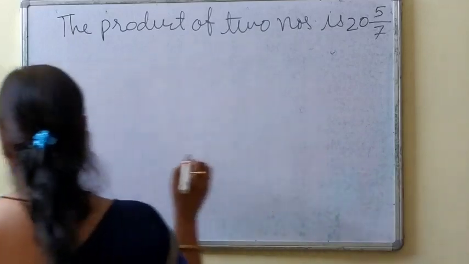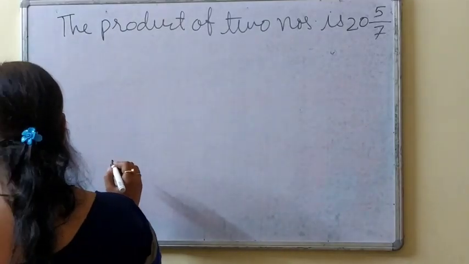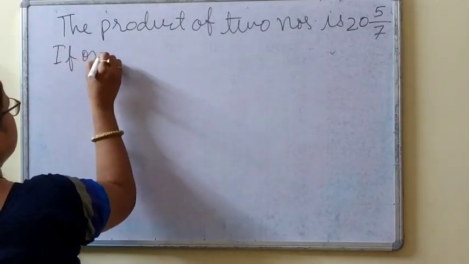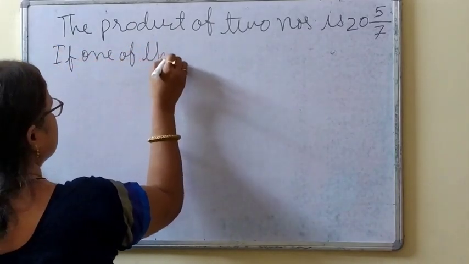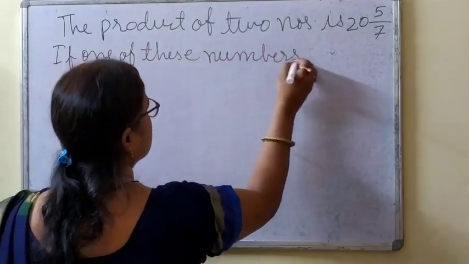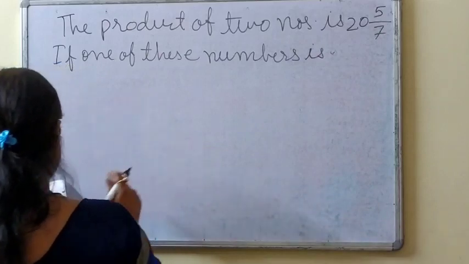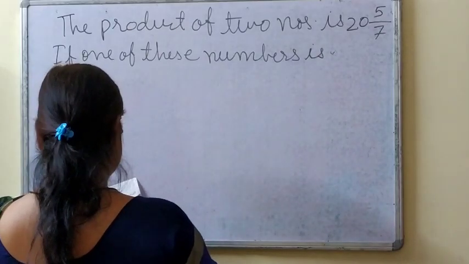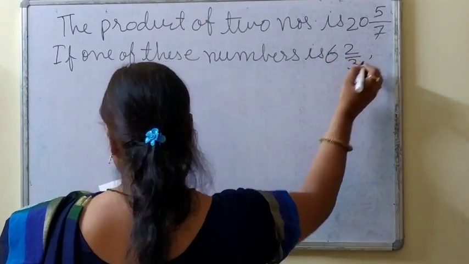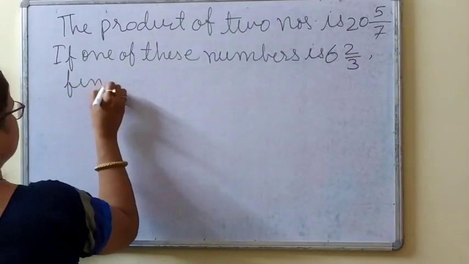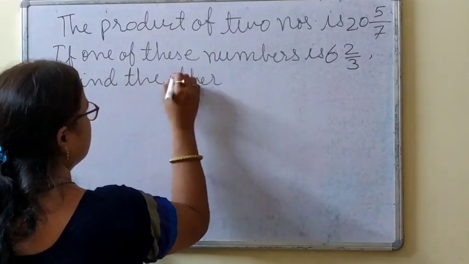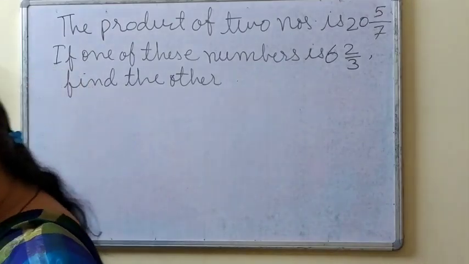If one of these numbers is 6 2 by 3, find the other. Okay? This we have to find out.